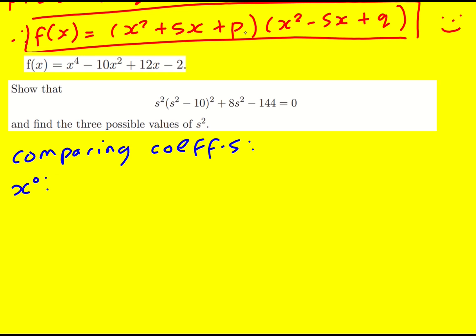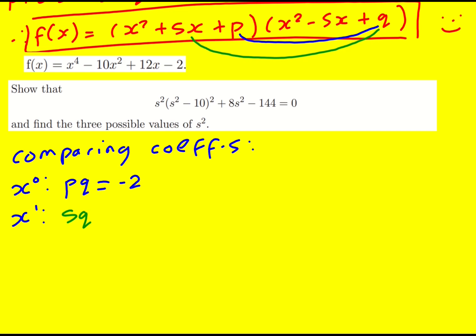The only way I'm going to get a constant term from expanding my brackets is p times q, so pq must equal minus 2. Then let's look at the x to the 1 term. I could do sx times q, so my coefficient would be sq, or I could do p times minus s, so that would be sp, and that must equal 12. I'll leave that like it is for the moment.